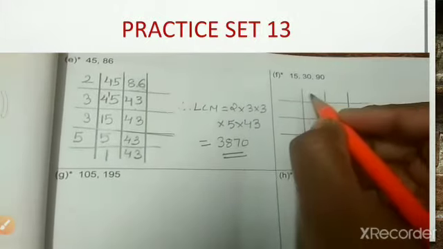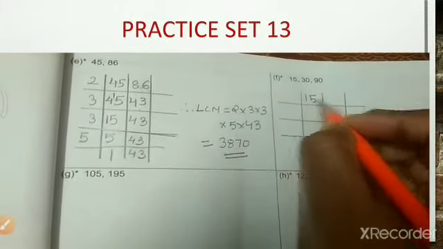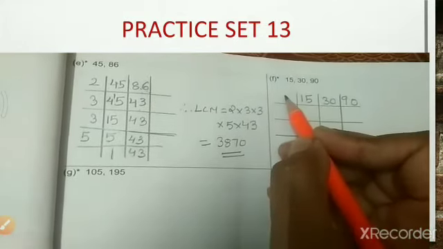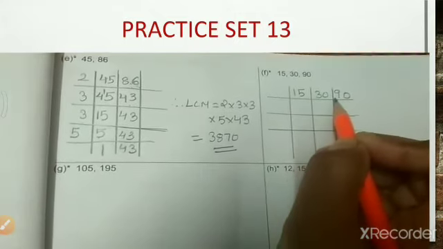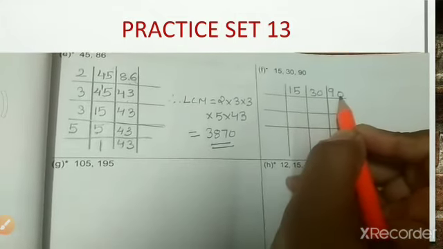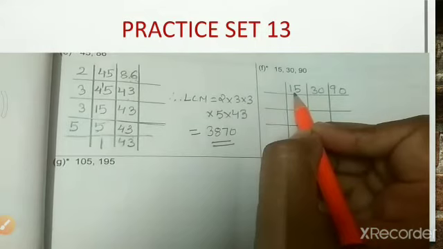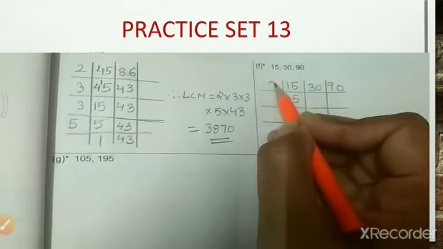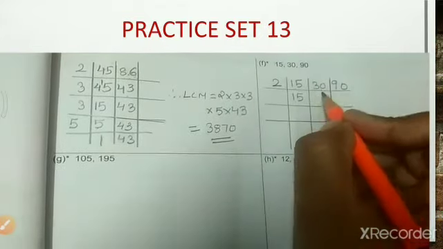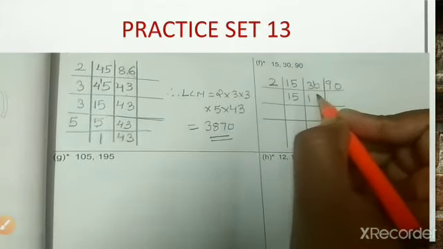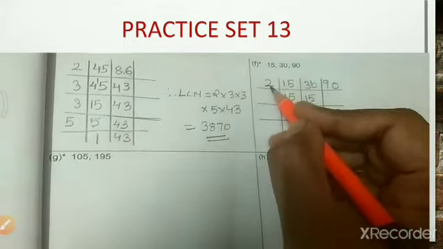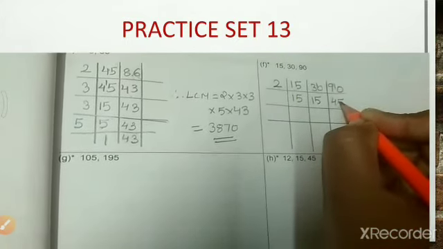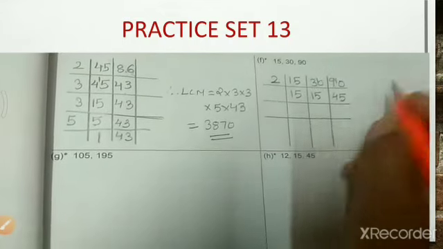Now see the next one, 15, 30 and 90. Now tell me, 15, 30 and 90 is divisible by which number together? Now see, 30 and 90 is divisible by 2, but 15 is not divisible by 2. So 15 we will write down as it is, 30 and 90 we will divide by 2. So 2 1s are 2, 1 carry, 2 5s are 10 and 2 4s are 8, 1 carry, 2 5s are, it will become 10.